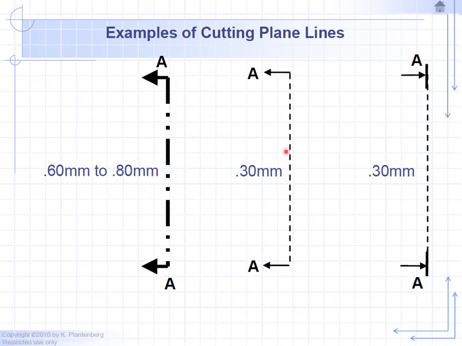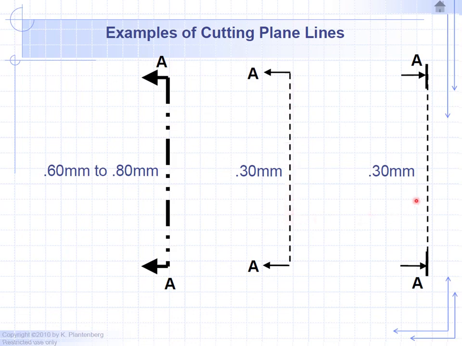So the thickness can be anywhere from 0.60 or higher. You tend to make it a little bit thicker than the object line. So if the object line is 0.50, you can make the cutting line 0.60 or a little bit thicker. You want it to stand out separate from an object line. Or you can even go with a thin 0.30 millimeter thickness line, similar to a hidden line or dashed line.